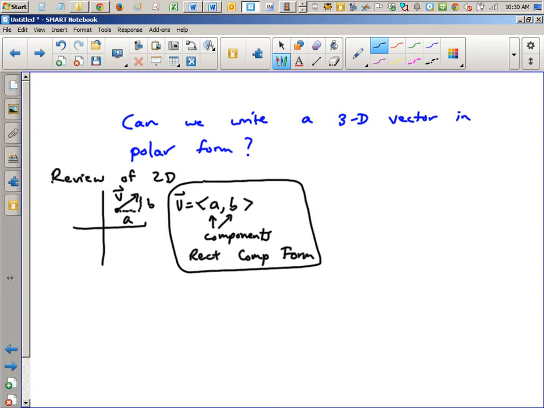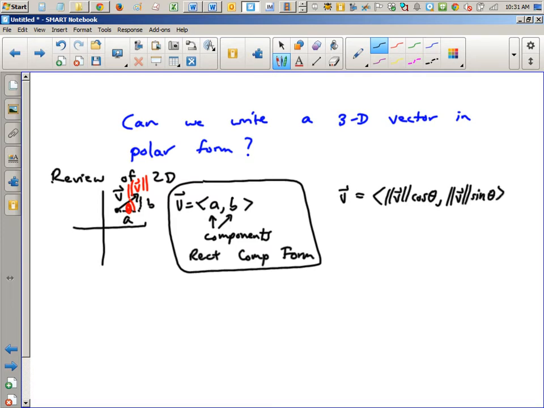Okay. And then if you decide to use theta and magnitude instead, that's the angle and the magnitude, you could just simply rewrite this as, instead of A, you could write magnitude V cosine theta, and instead of B, you could write magnitude V sine theta.